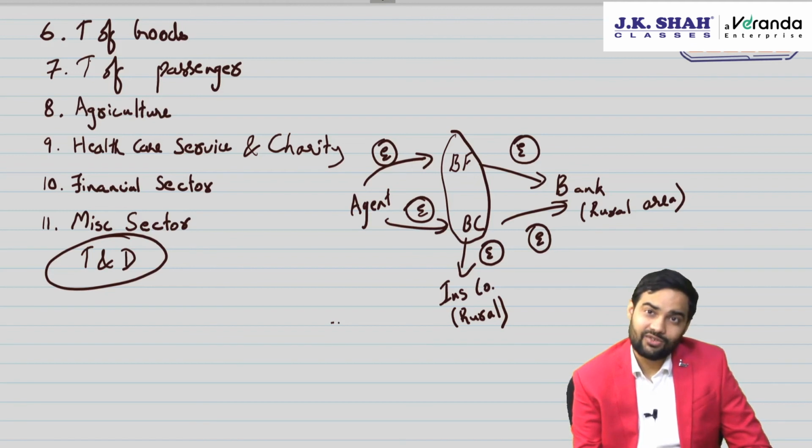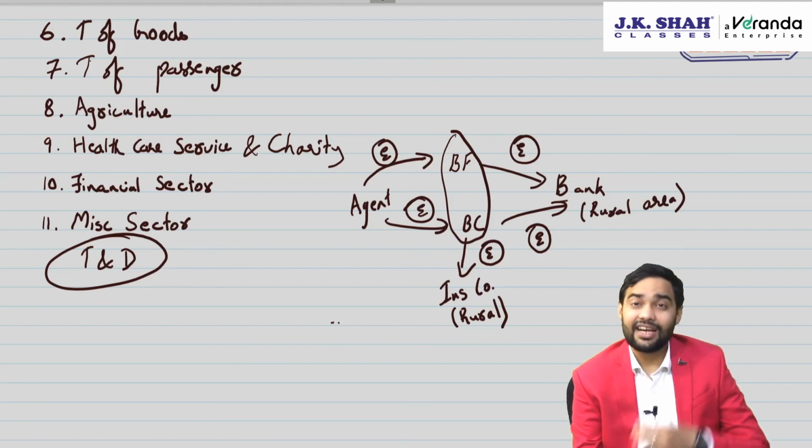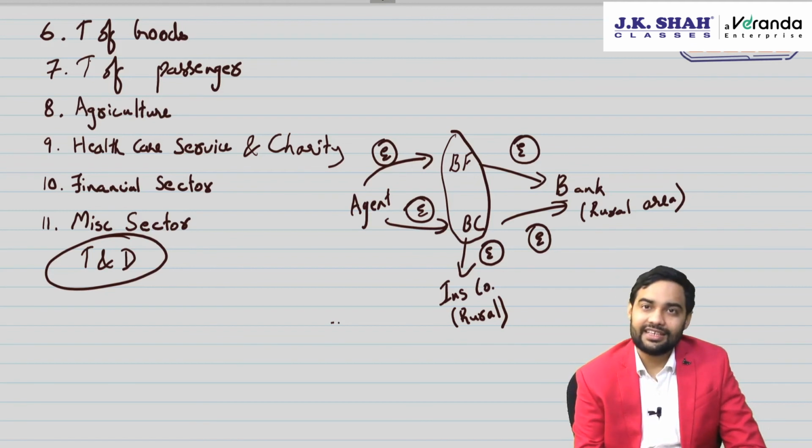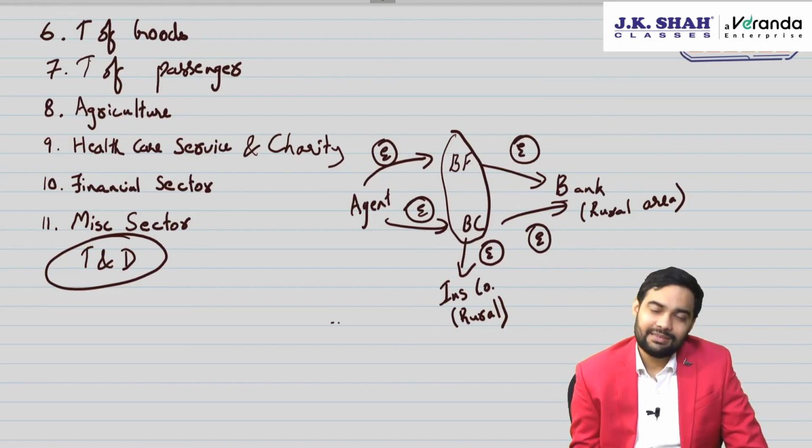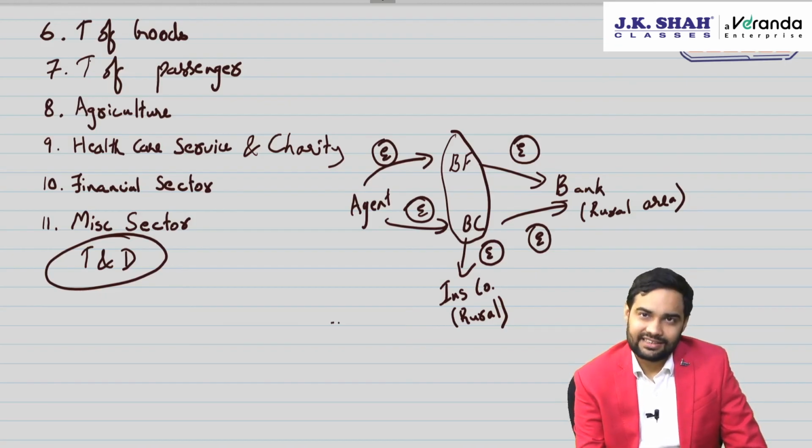Advocate to another advocate is exempt, but senior advocate to advocate will depend on the recipient's last year turnover. If the recipient's last year turnover is below registration limit, exempt. If it is more than registration limit last year, then the recipient will have to pay tax under RCM.